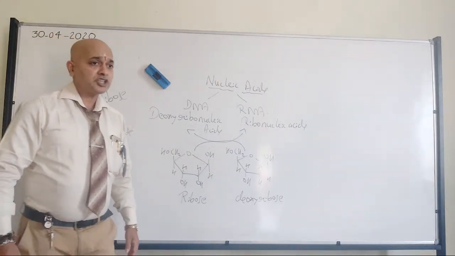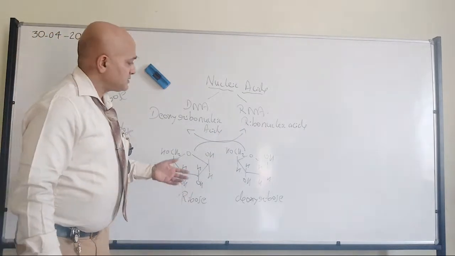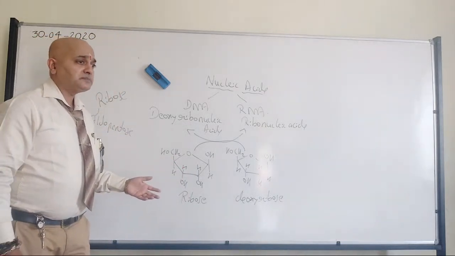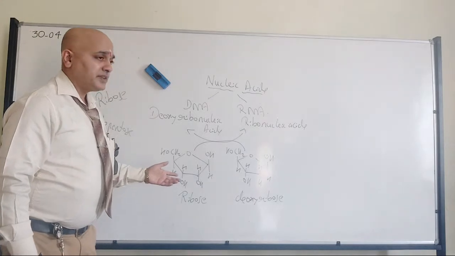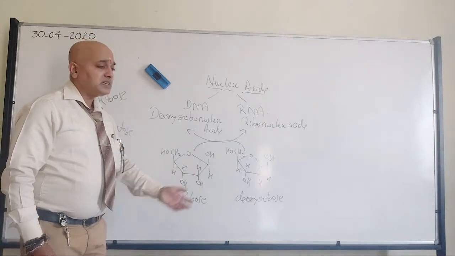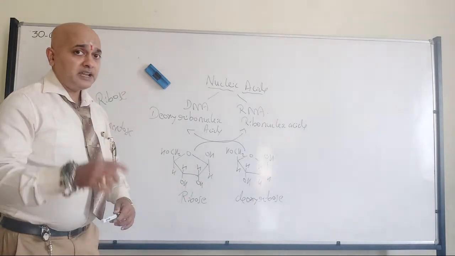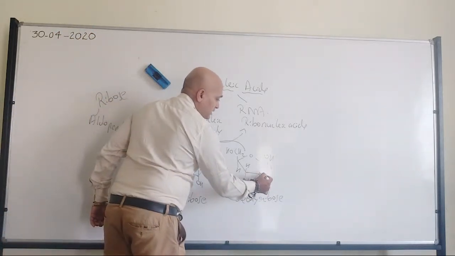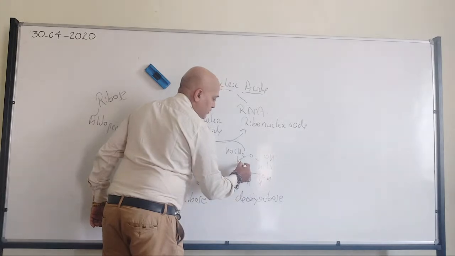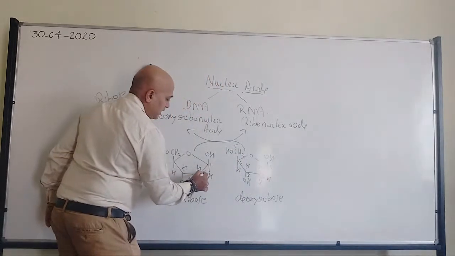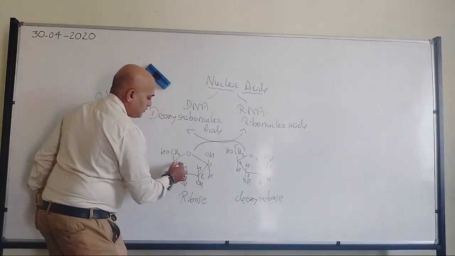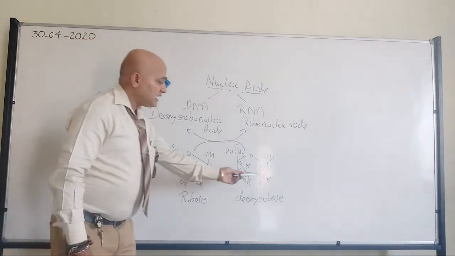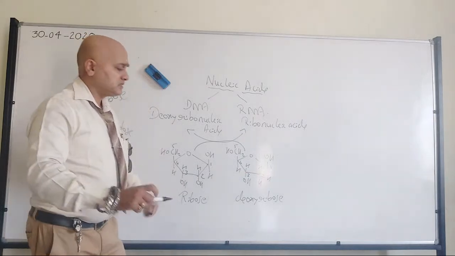All of you have understood what is the difference between these two? Any doubts? So that's where we have the ribose, deoxyribose. And now another point. If you number 1, 2, 3, 4, 5 carbon, that means here at the second carbon it is not there.